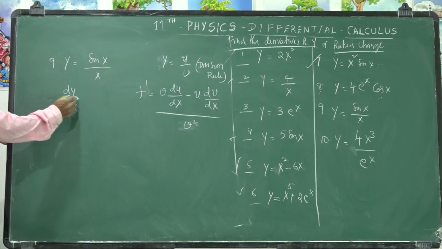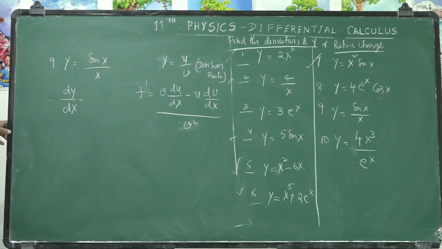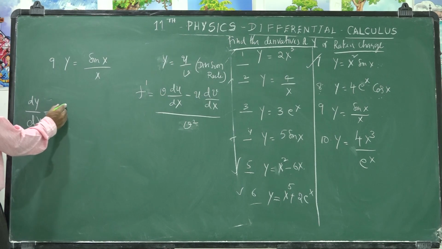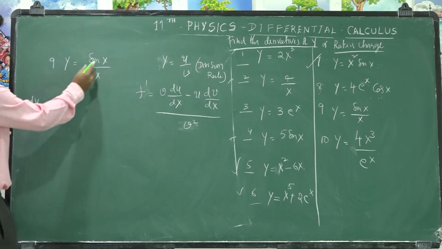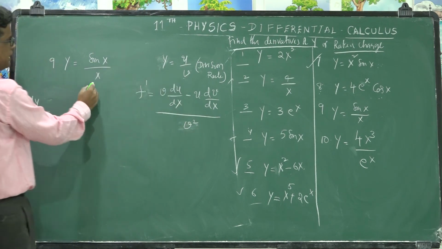So dy by dx is equal to sin x by x. We consider u as sin x and v as x.